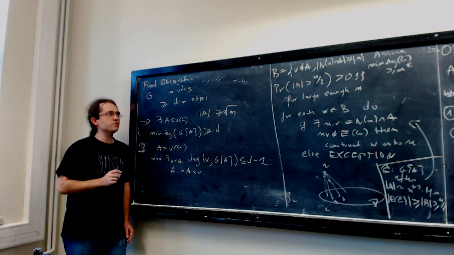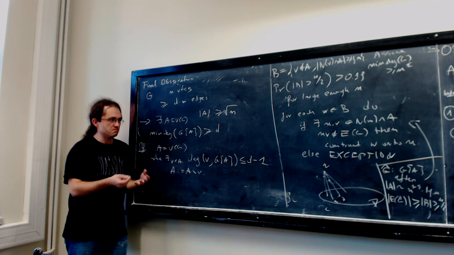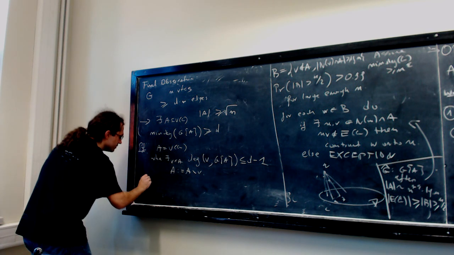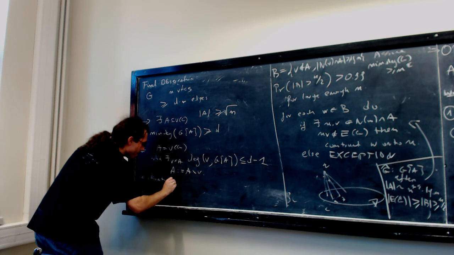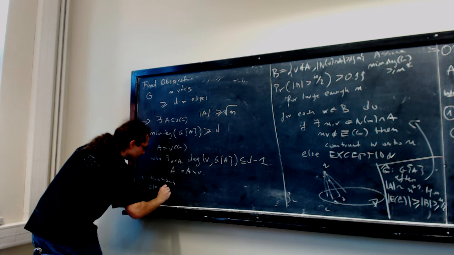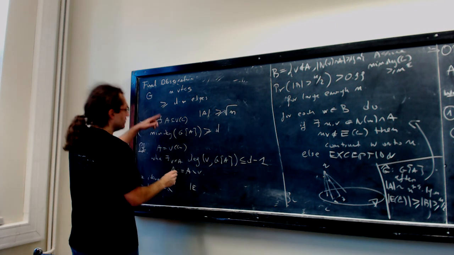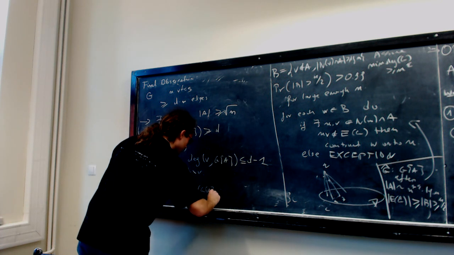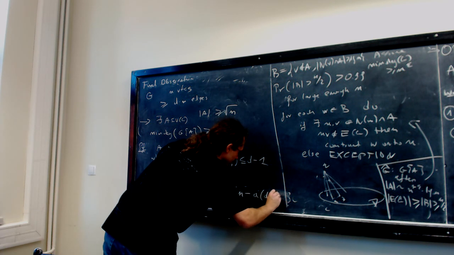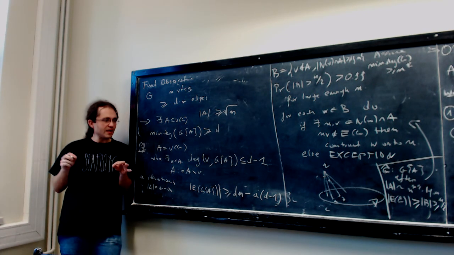Now we want to argue that if I make a iterations, I remove a vertices, so the size of A is n minus a, but I remove only d minus 1 edges at every step. At every point, in some sense, I'm having this one extra edge more.